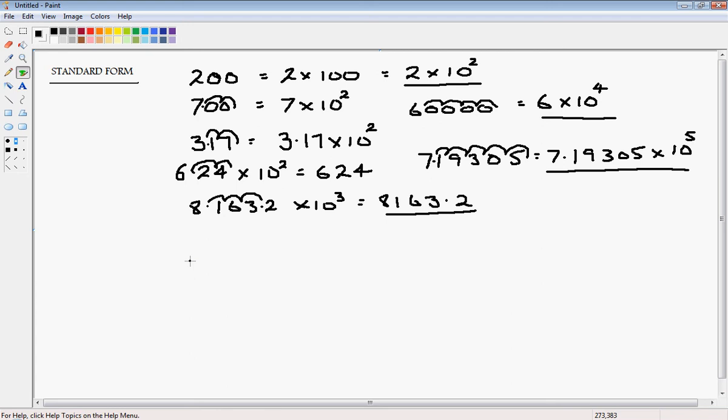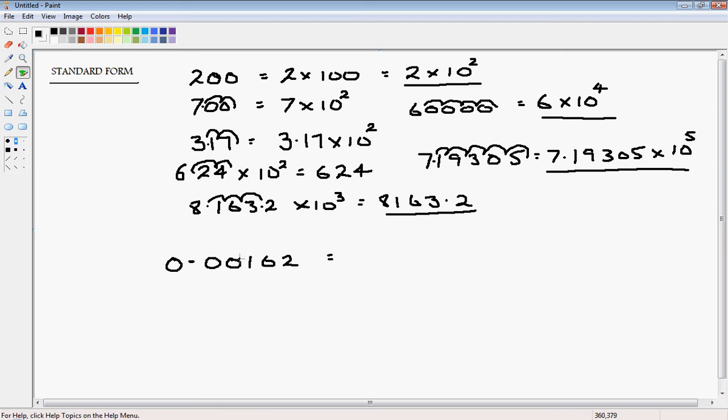Now if we have decimal numbers, let's say we have 0.00162, for example, and they say write this in standard form. Now my biggest number here, albeit decimal, is the 1. Yeah, because we have tenths, hundredths, thousandths, ten thousandths and millionths, or hundred thousandths, sorry. So this is my largest number, so this will be my 1 digit.